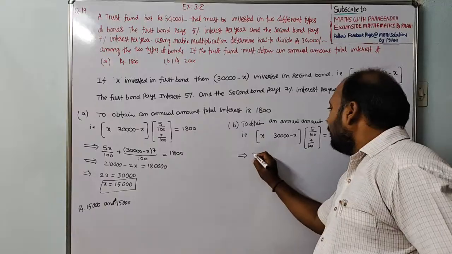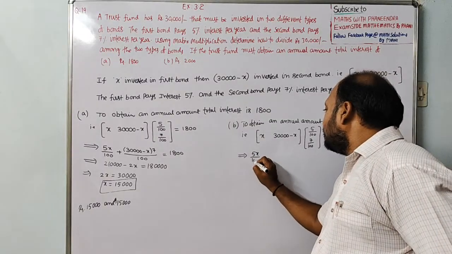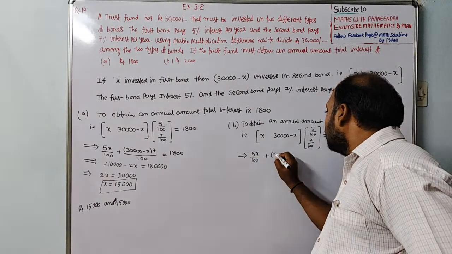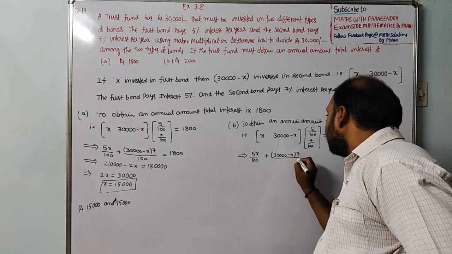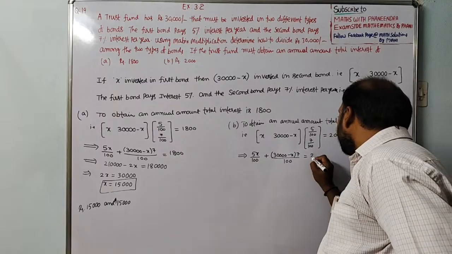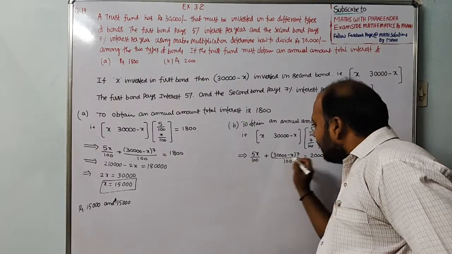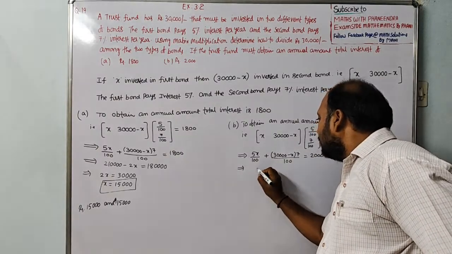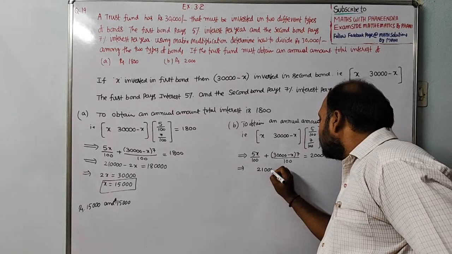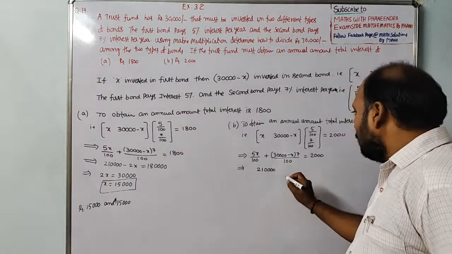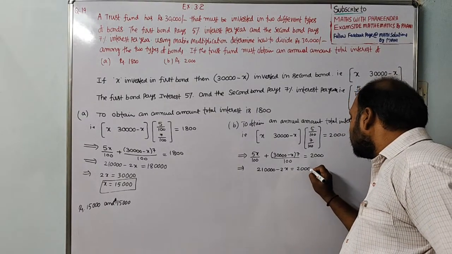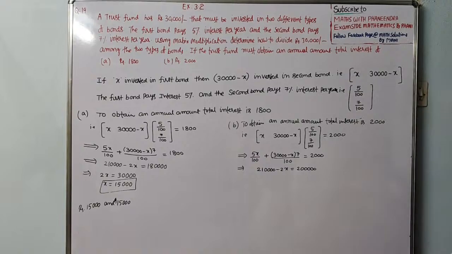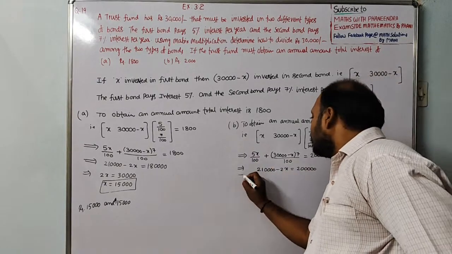X into 5, that means 5x by 100, plus 30,000 minus x into 7 by 100 is equal to 2,000. 100 bring that side, and you will write it as 21 lakhs minus 2x is equal to 2 lakhs. Okay, students?